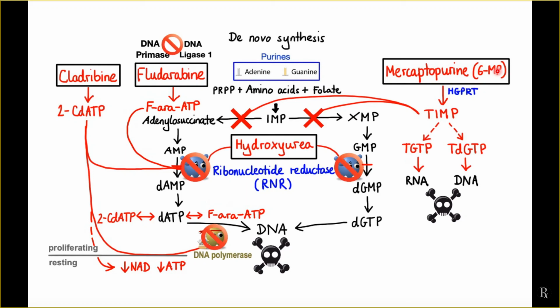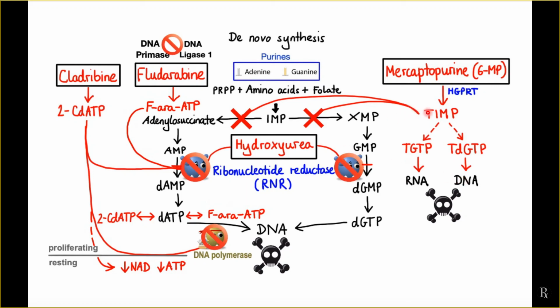The drug is a prodrug and should be metabolized by the enzyme HGPRT to TIMP, and further it will be metabolized to TGTP and T-deoxy-GTP that are both used for the production of the RNA and DNA consequently.